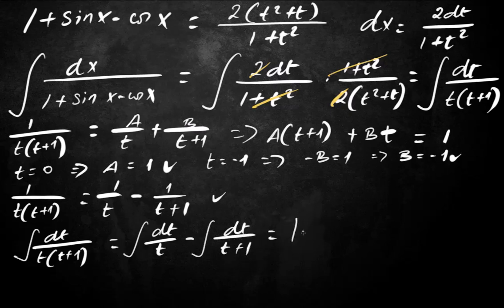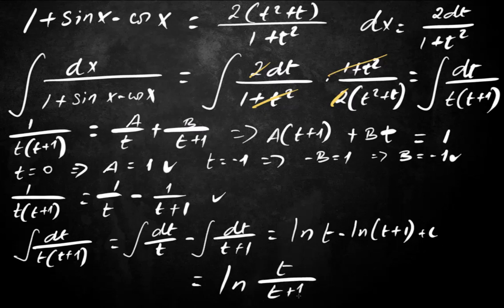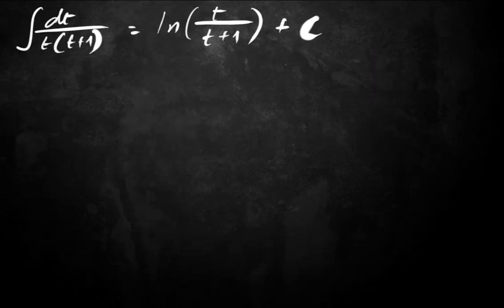So we get log of t minus log of t plus 1. So these are natural logs, but we can also say that is a natural log of t over t plus 1 plus a constant. So now all that is left is to get back to x.